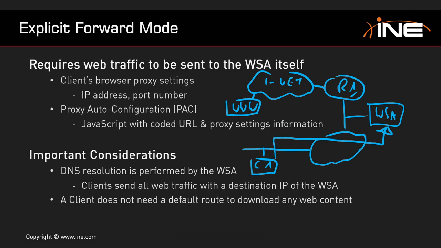And now the WSA is going to take the packet and perform several policy checks. It is going to perform name resolution to figure out what is the actual destination for, let's say, cisco.com, assuming that our web server is cisco.com. And it is going to resend the packet with its own source and the correct destination.